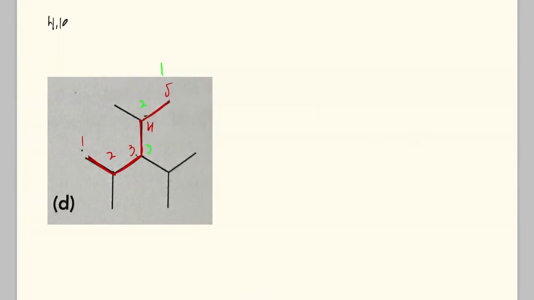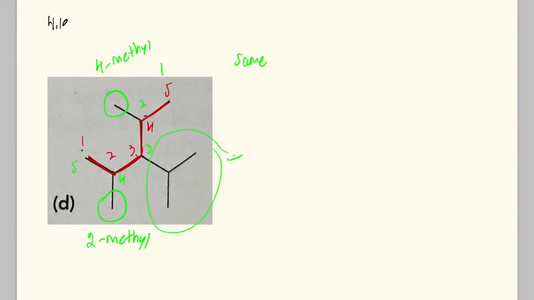And if we number it the other way, it's the same. So I'll stay with green. That's a nice color to work with. We've got a methyl group at carbon 2. We've got a methyl group at carbon 4. And this huge thing right here, it's commonly referred to as an isopropyl group, and that's at carbon 3.